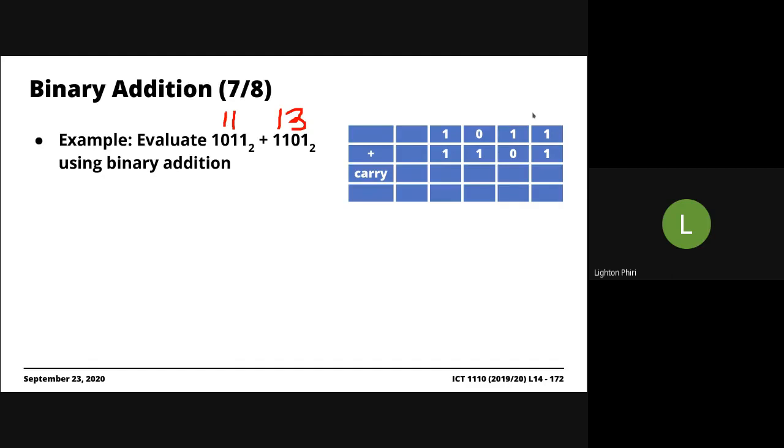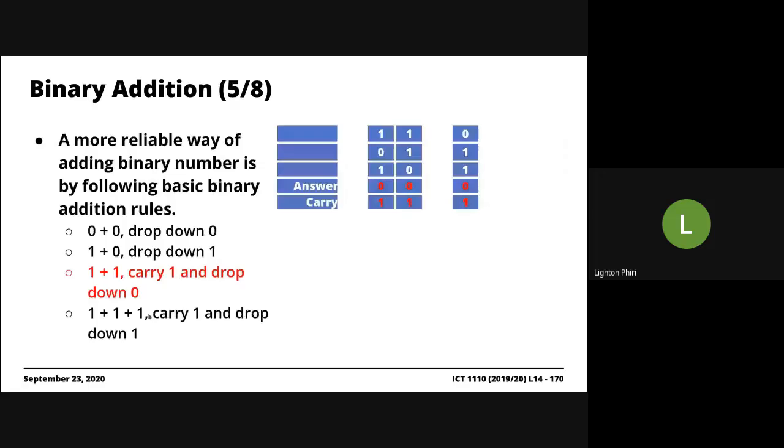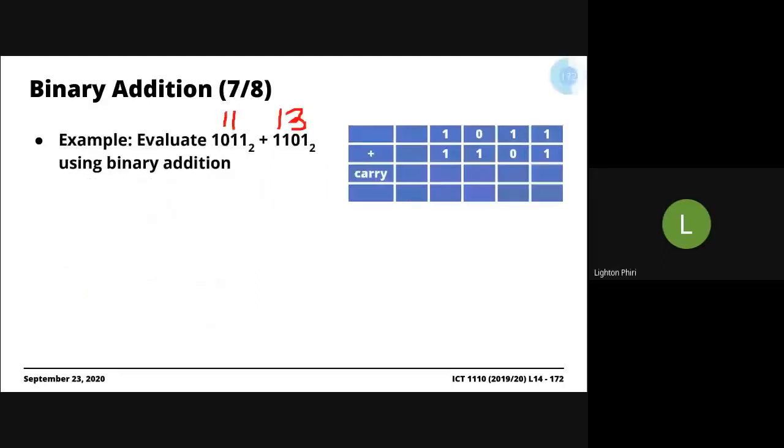So we are adding 1011, which is 11, and 1101, which is 13. To follow the rules, if you remember, when you are adding 1 and 1, what do we get? 1 and 1, we carry 1, we drop down 0. In fact, the answer is 0, carry 1. So in here, the answer is going to be 0, we carry 1.